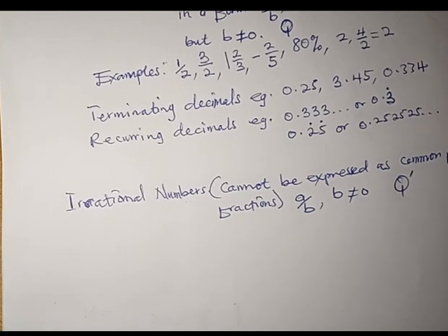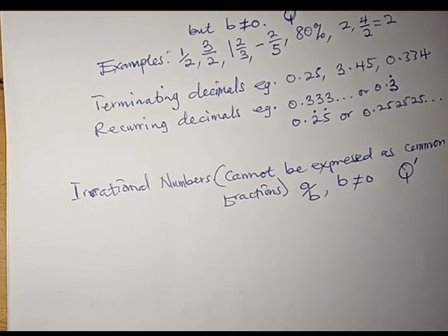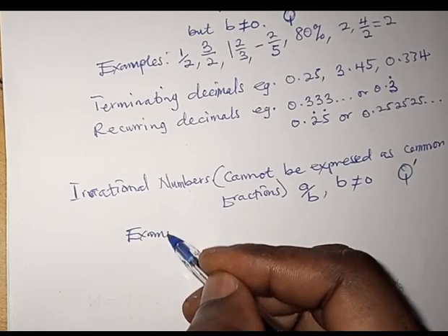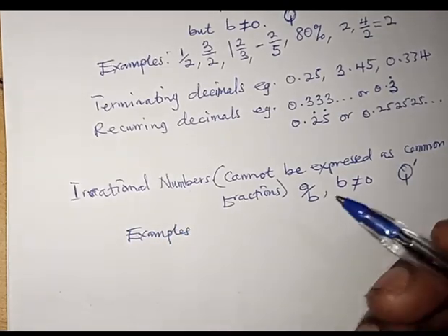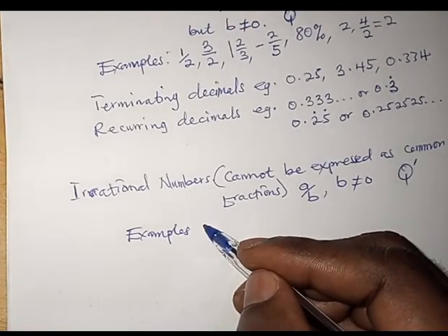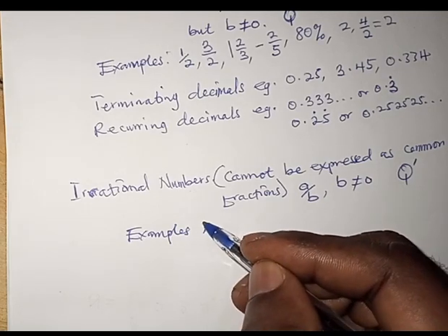If that is the case, then let's look at some examples of irrational numbers. Numbers that cannot be expressed as common fractions. Now let's see. So examples, we can think of this constant pi, what we call pi.